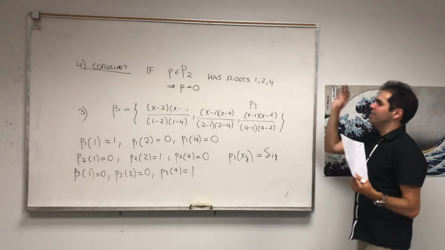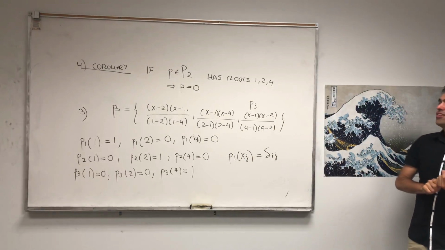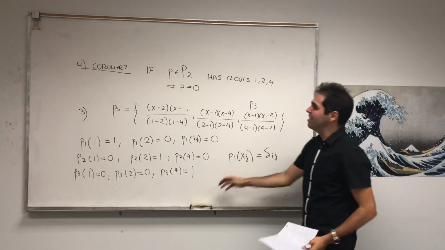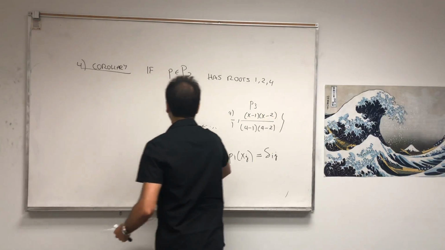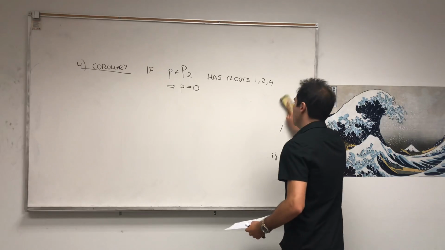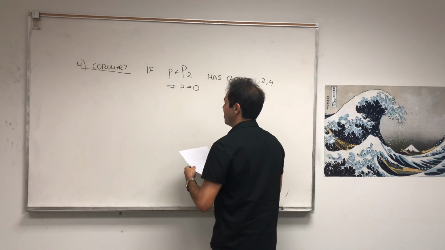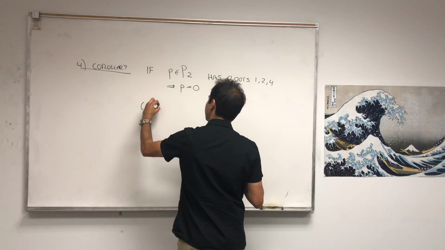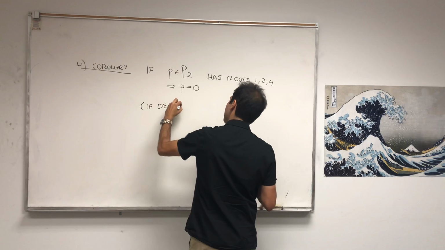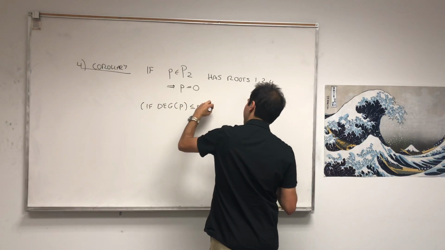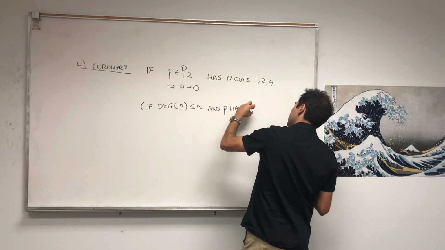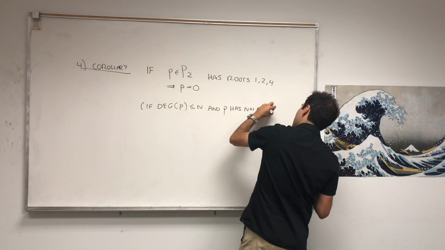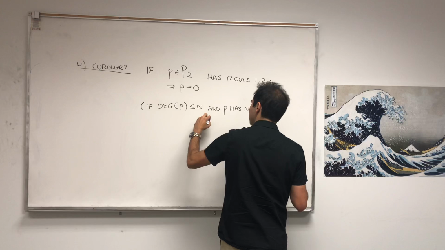And indeed, you can generalize this easily. What you can show in general is that if the degree of p is less than or equal to n, and p has n plus 1 roots, then p has to be the 0 polynomial.